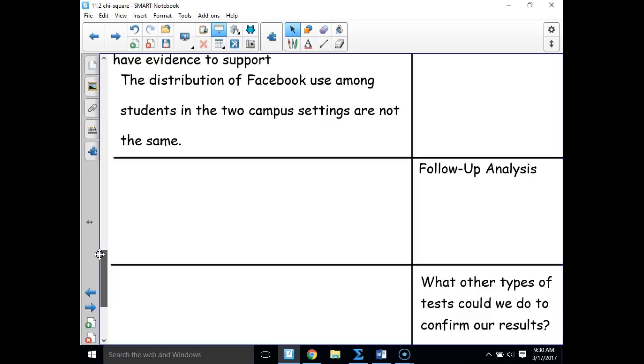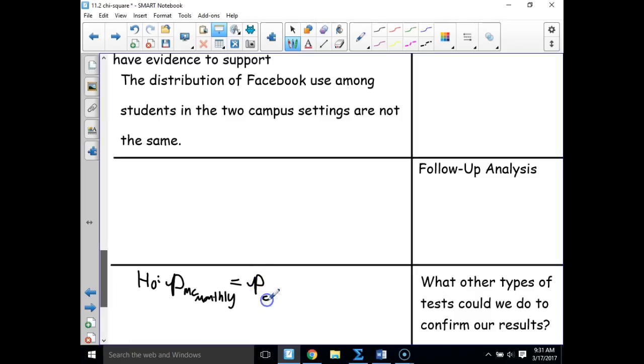We could say, H naught is the proportion of people from the main campus that use it monthly is equal to the proportion of the Commonwealth that uses it monthly.